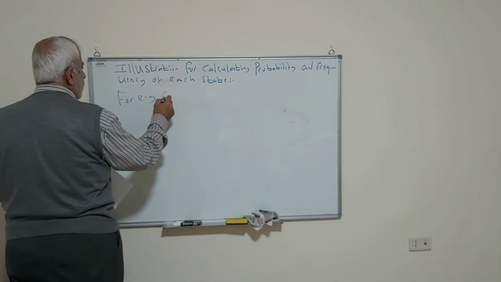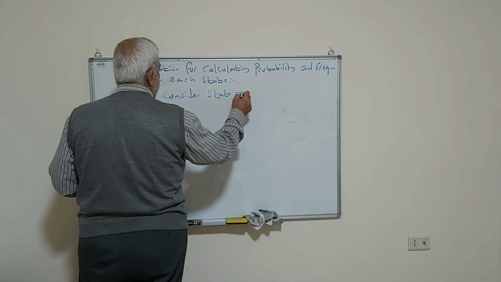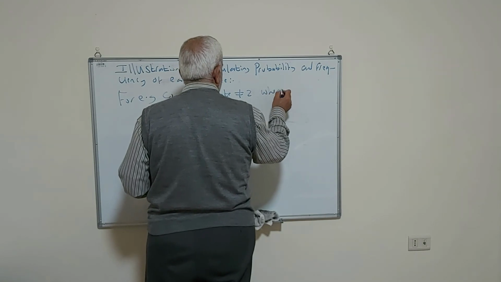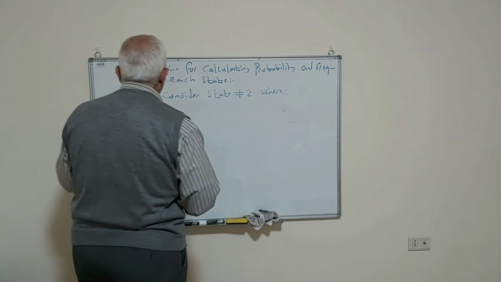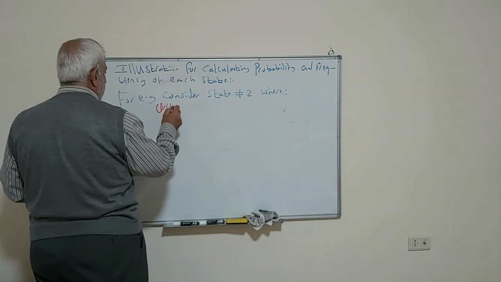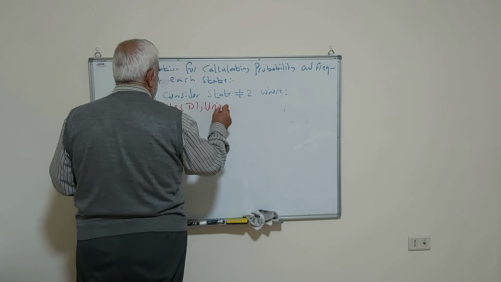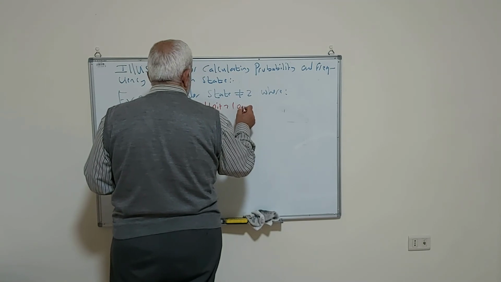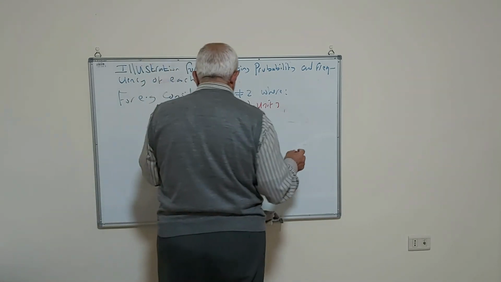For example, consider state number 2, where unit 1 down, unit 2 on, unit 3 on.